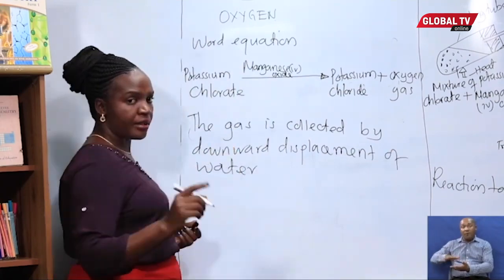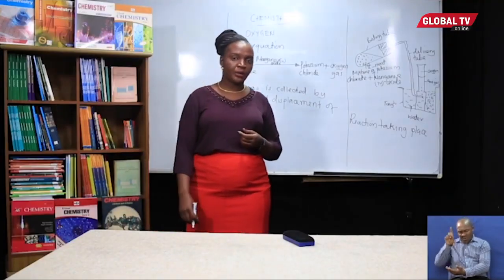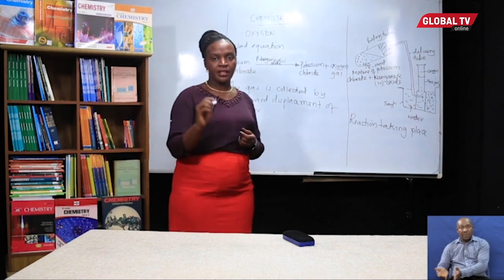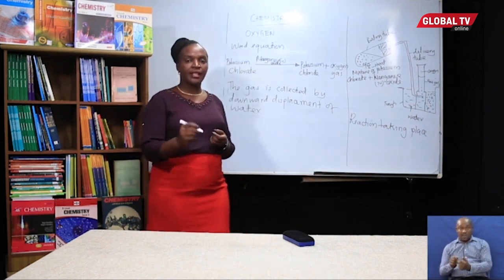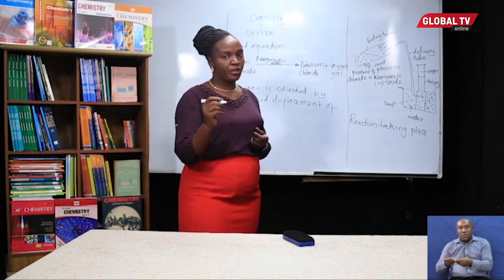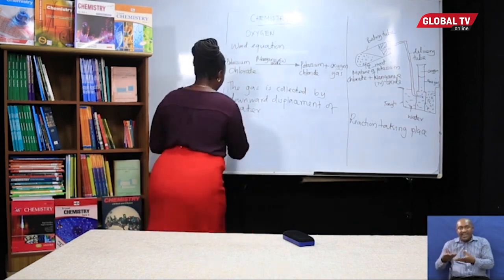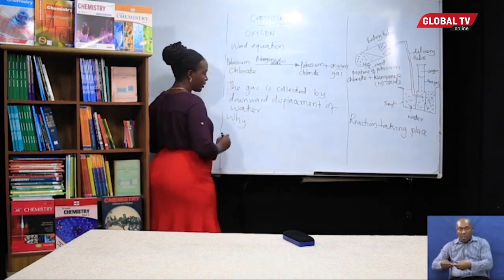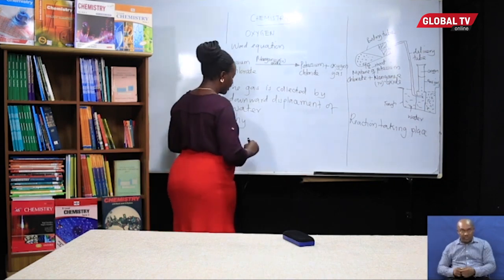The question is, why do we collect the gas by downward displacement of water? The reason is because oxygen is slightly soluble in water.